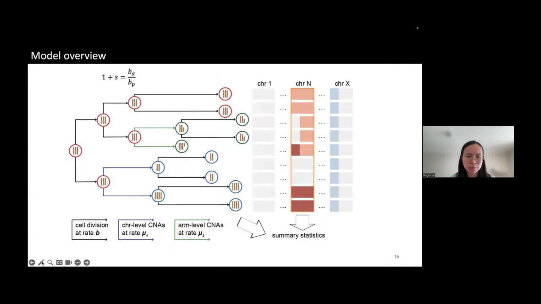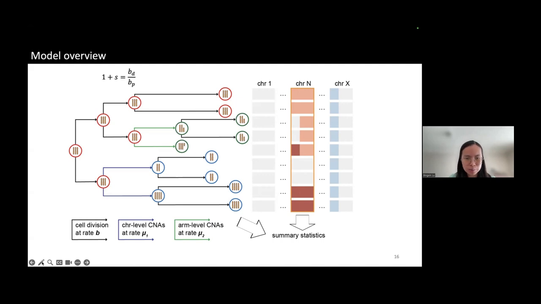This is our model. Starting from the tumor cells, which are already aneuploid, we can further simulate chromosome level or arm level copy number alterations. Because we didn't observe many cell death events, we only assume cell division here.